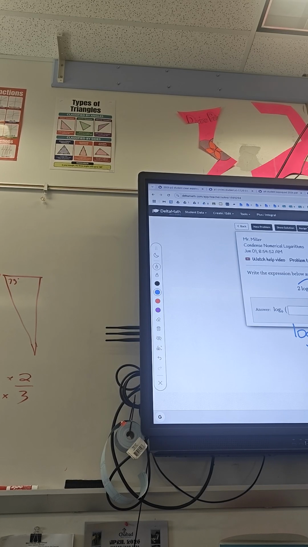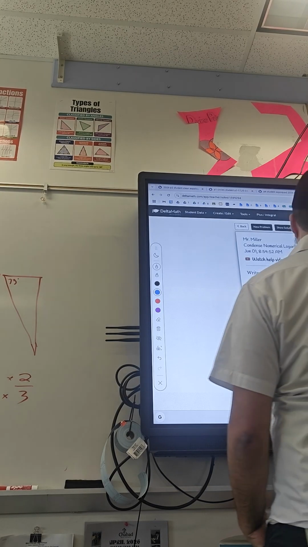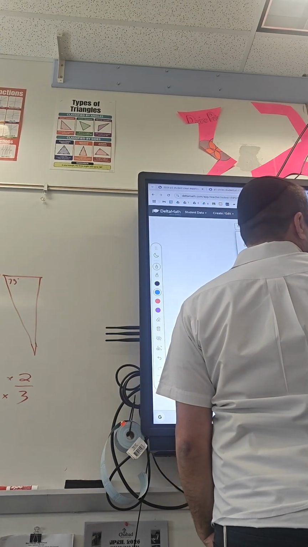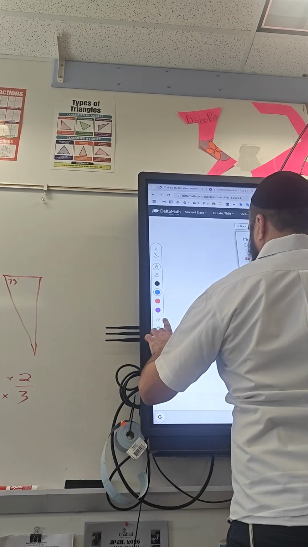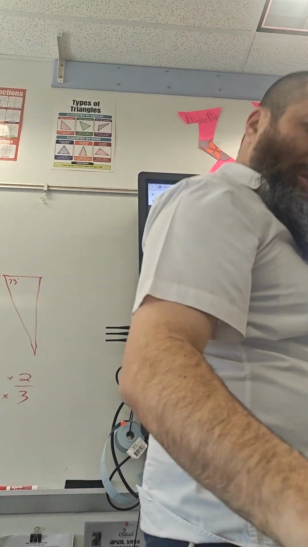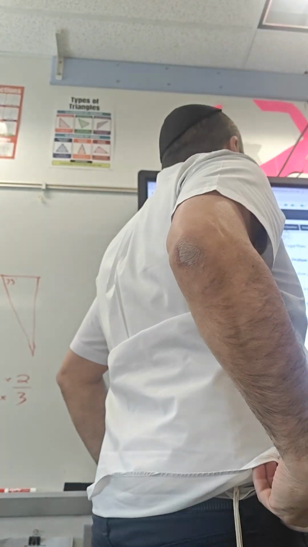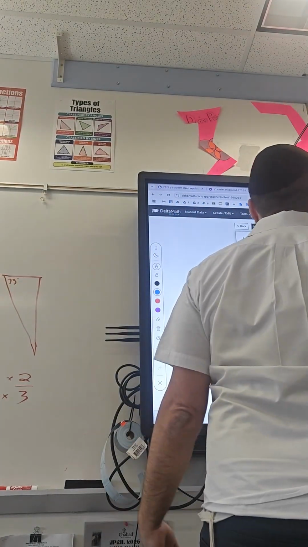So that's log of 16 over 2, which just divides. It becomes log of 8, and it already has the log base b there. So we should just be able to put an 8 in there. That should be it. There you go. And they show it again in nice steps.